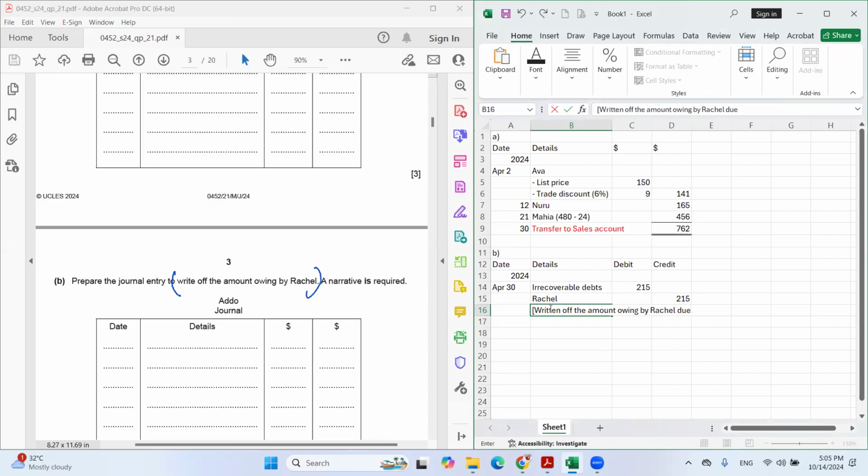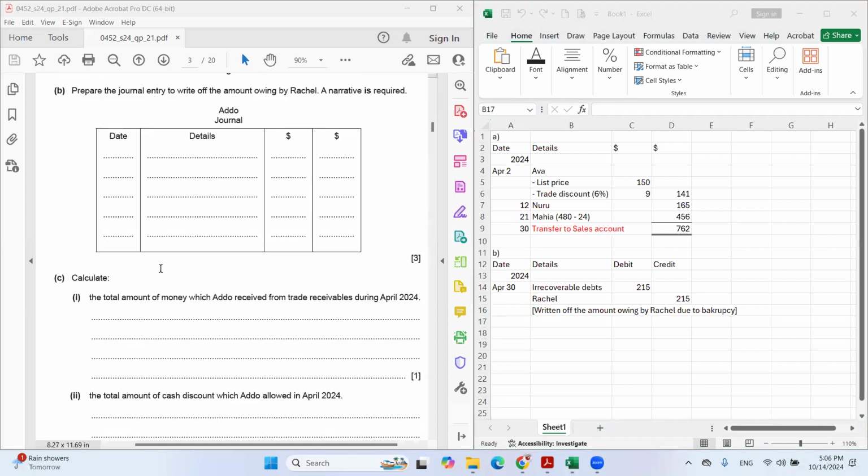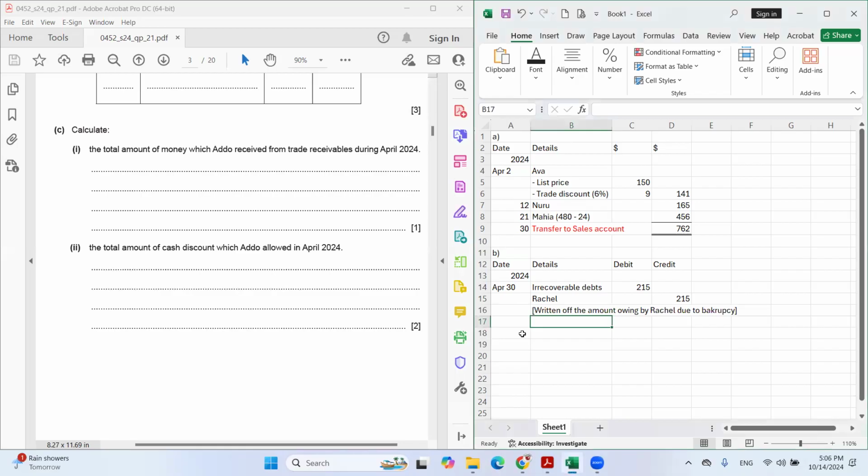Due to what reason? Due to bankruptcy. So that is how we put it, using the information in the question as a narrative. Okay, number C.